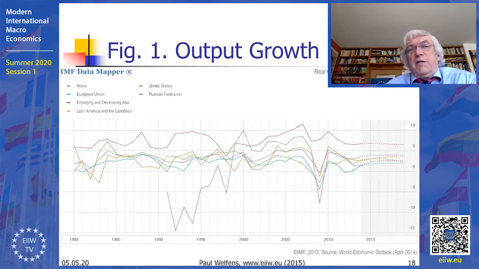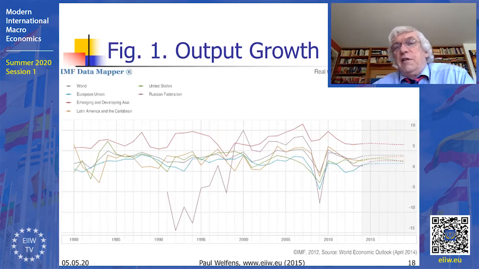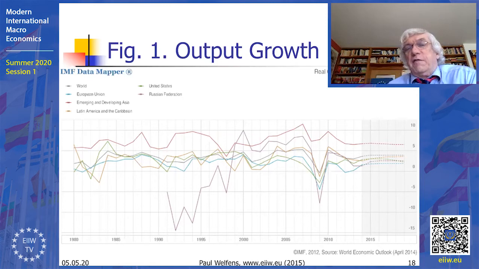Okay, the red line for emerging and developing Asia doesn't show a very strong recession effect in 2009, but okay, there is some recession effect, and then all other areas and country groups faced a strong recession in 2009, just a year after the bankruptcy of Lehman Brothers on September 15th in the year 2008 in New York.